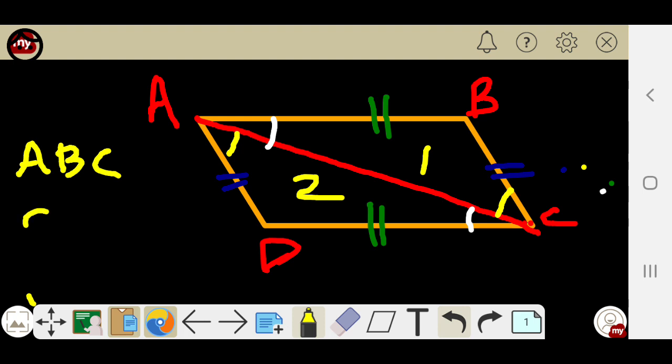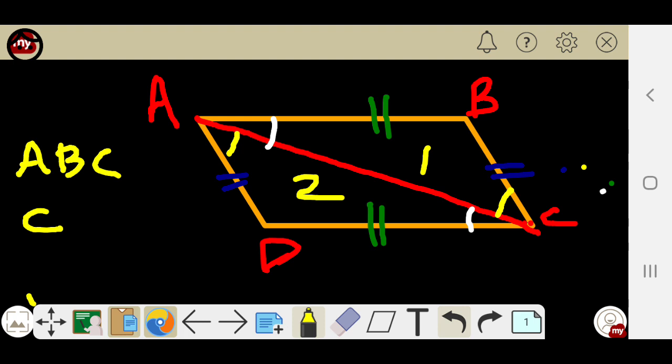We know that ABCD is a parallelogram, and in a parallelogram, opposite angles are equal. Another way: angle C of the first triangle and angle A of the second triangle are equal. Same way, angle A of the first triangle and angle C of the second triangle are also equal.